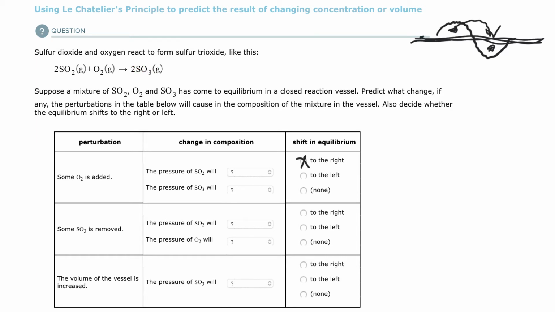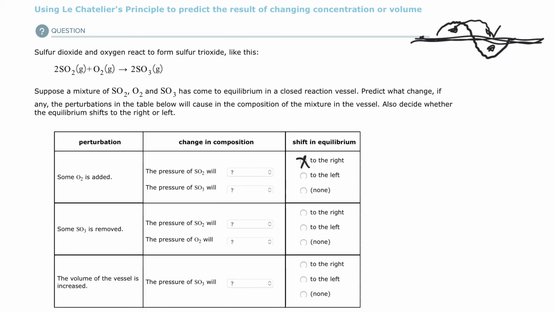Okay, so the pressure of all these will be dependent upon what happens when you piled up the oxygen. Since you piled up the oxygen and it moves away from oxygen to reestablish equilibrium, then this one is going to drop because it's going away also. Well, what's going to happen here? It's going to gain. So let's do the change in composition. The pressure of the SO2, which is a reactant, will do what?